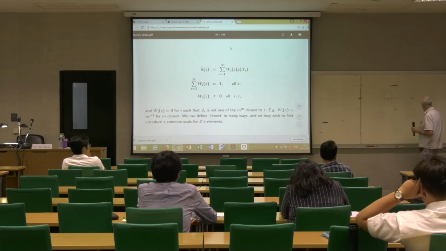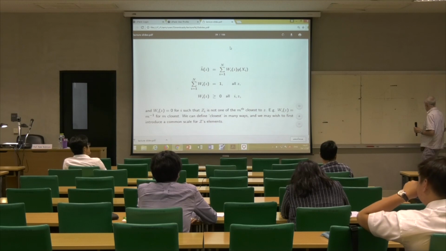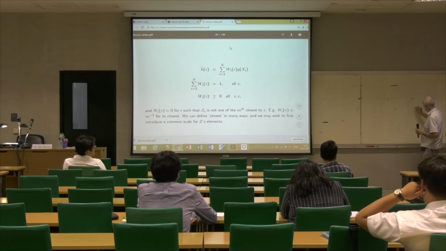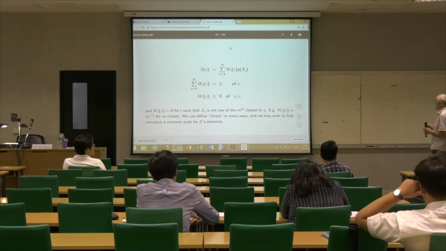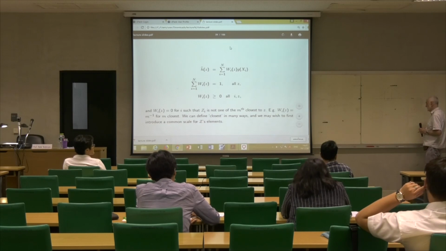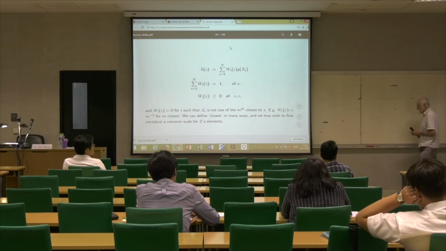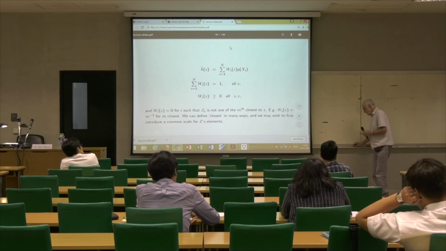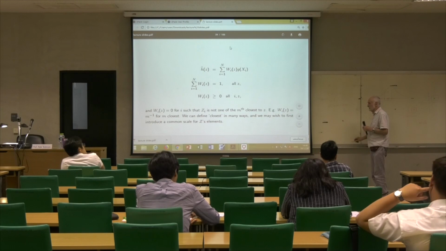We say, well, we want m to be equal to 6. So we choose this one, and we draw a circle, effectively. It doesn't have to be a circle, but you could have a different kind of principle, but these are the ones you use. So that's a little bit different. So we're basing it not on the actual distance, but using a certain number of closest ones.